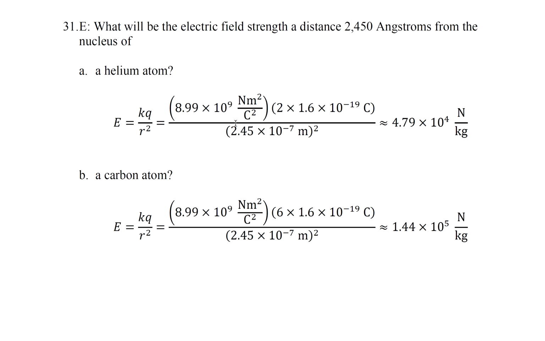Part B, a carbon atom. Remember, a carbon atom has 6 protons. So that's why there's a 6 here. I apologize, helium atom, not hydrogen, it's helium. Helium has 2 protons in its nucleus.